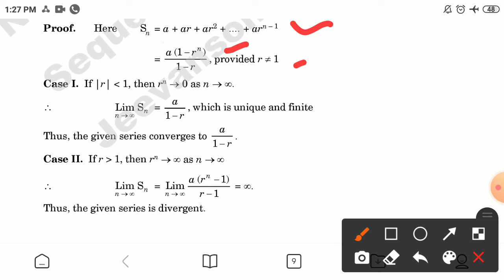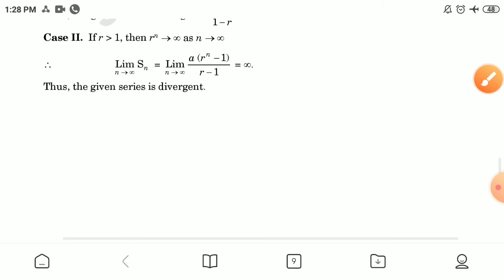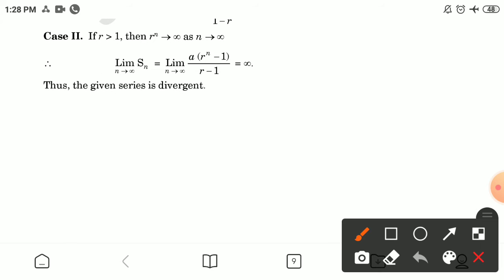Now case first: if the modulus of r is less than 1, then r raised to power n tends to 0 as n tends to infinity. Therefore, the limiting value of Sn as n tends to infinity is equal to a/(1 − r), which is unique and finite. Thus, the given series converges to a/(1 − r). Now case second: if r is greater than 1, then r raised to power n tends to infinity as n tends to infinity.